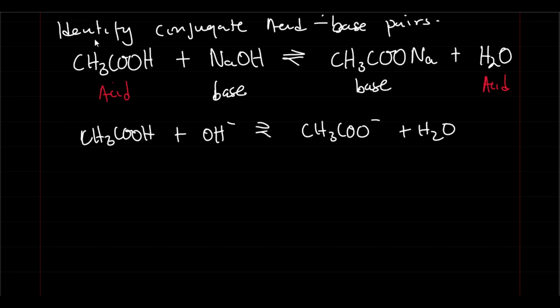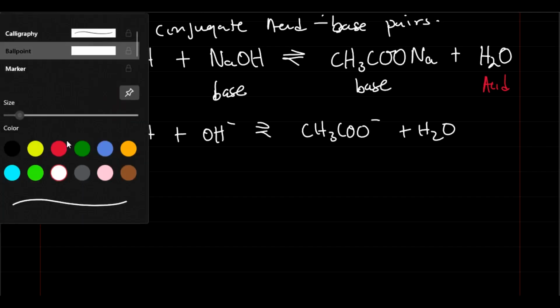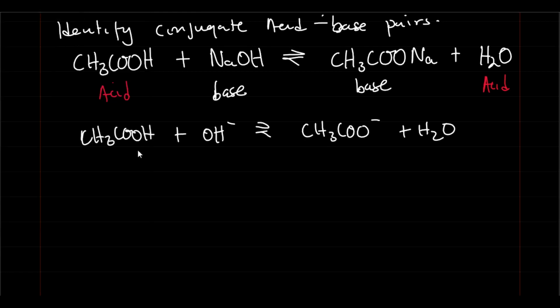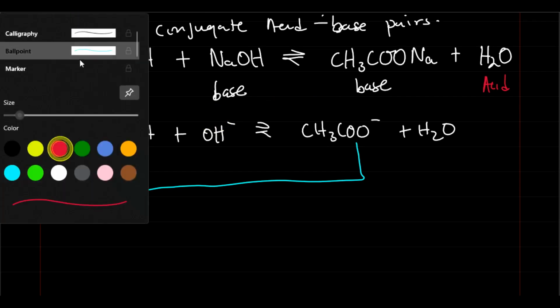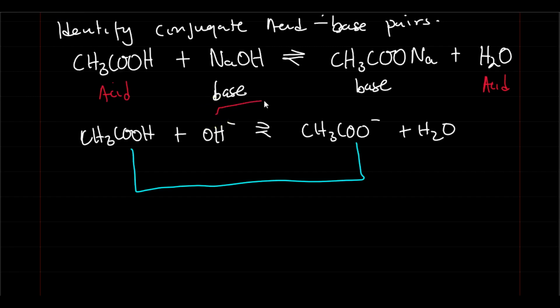You see. So now the pairs. How are we going to pair them? So let's use this one at the bottom. This one is an acid. It will be paired with what is now our new base, and the base that we have started with will pair with our new acid.